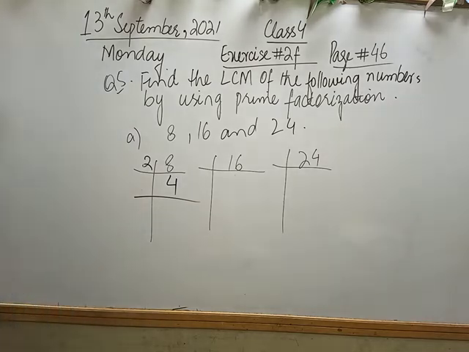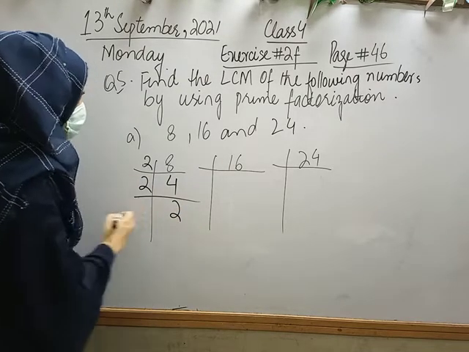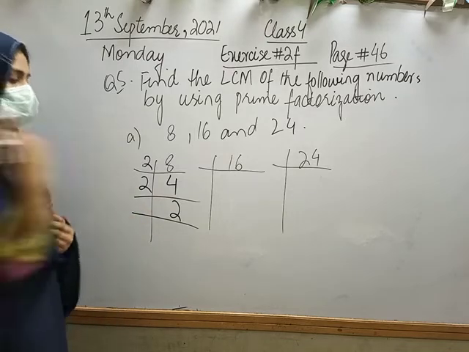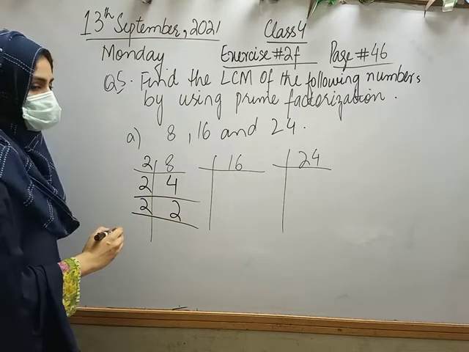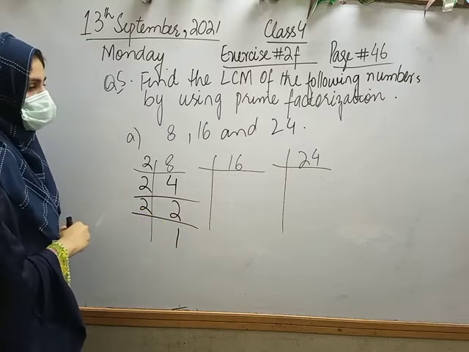Now by how many times will I multiply 2 to get 4? Very good. I will start from number 2. 2 2 times is 4. Now in the end we have 2. So I will do again 2. 2 1 times is 2. Okay.